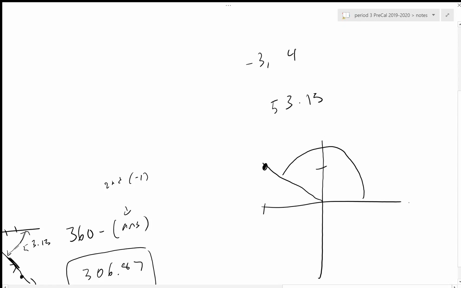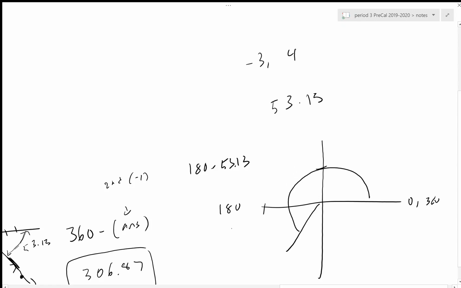We either want to use 0, 360, or 180. So if I wanted to find this angle, I would do 180 minus 53.13. If it was over here, then I would do 180 plus 53.13. And if it's over here, this one's easy because 0 plus 53.13 is going to be 53.13.